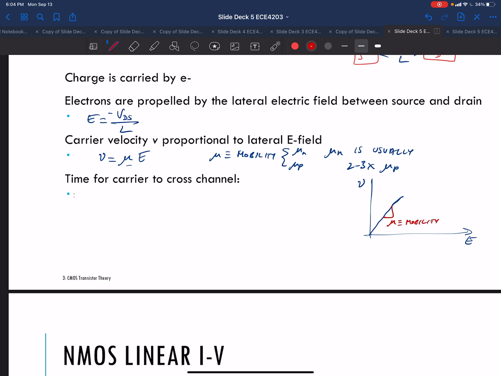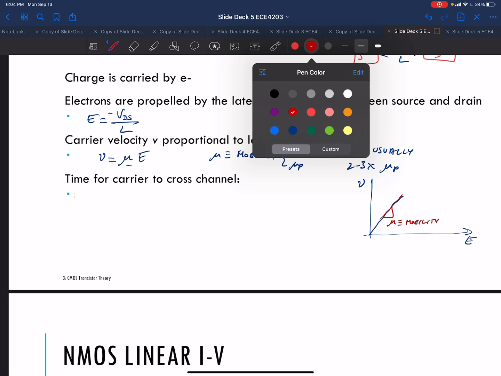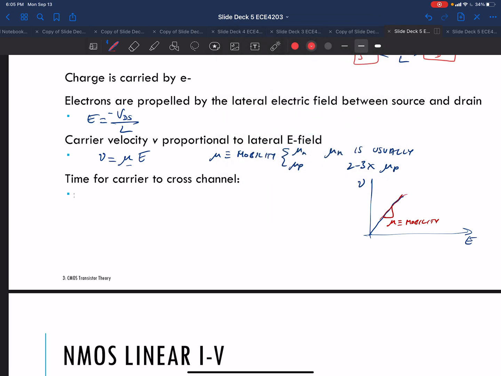Now, this doesn't keep going forever, does it? With a higher electric field, at some point you stop getting faster and faster, you saturate, but we'll look at that later.